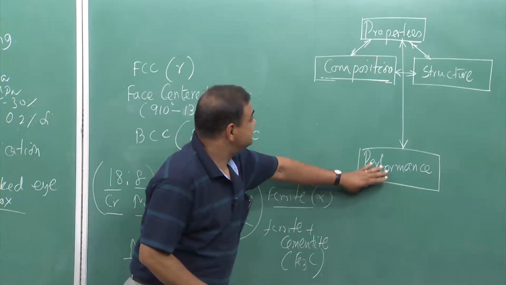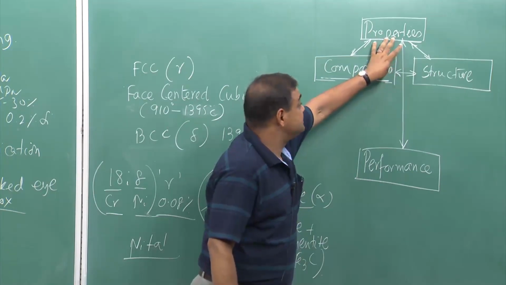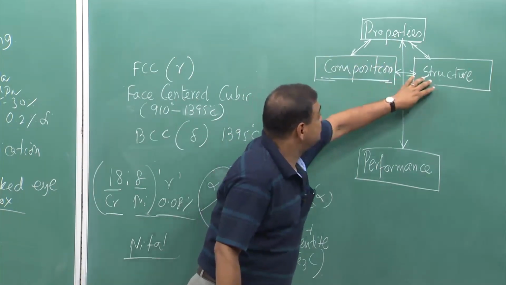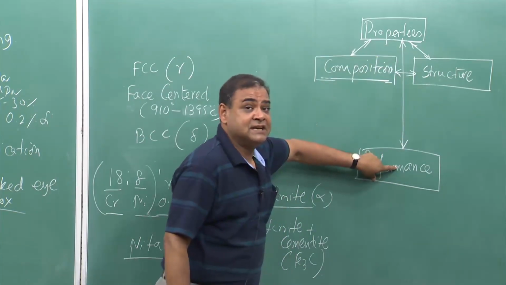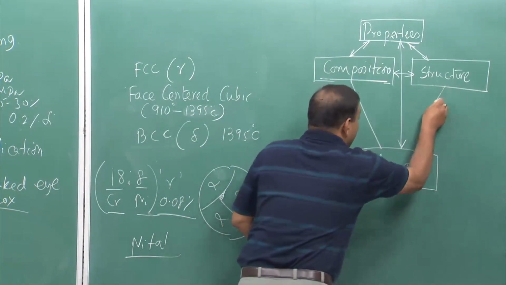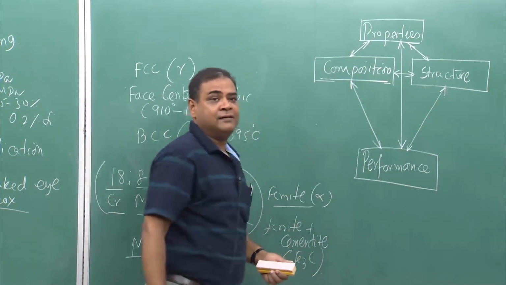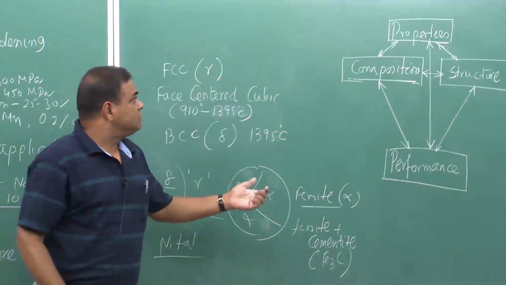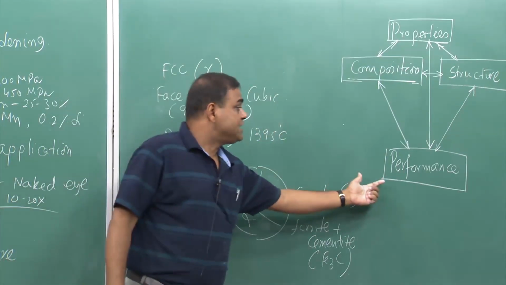So, performance, composition, structure, properties, these four terms: we have already seen that these three are interrelated. Now, this is interrelated with this. Can we not say that these two are also interrelated? Now, we get composition, we get structure, we get properties, and we get performance.